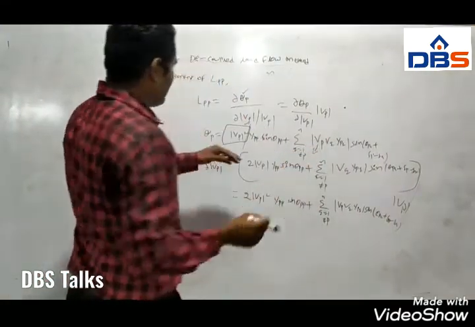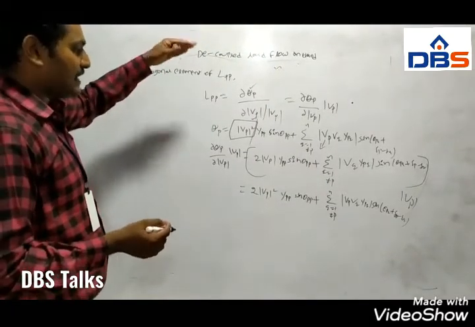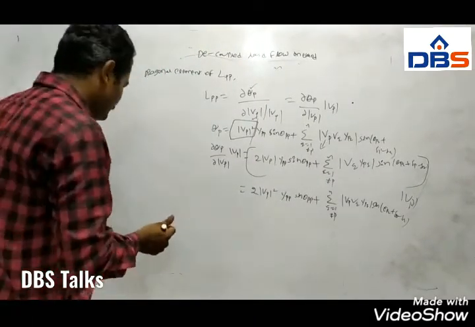So in the previous term, that means in the diagonal element Hpp, we are substituting equation 6.